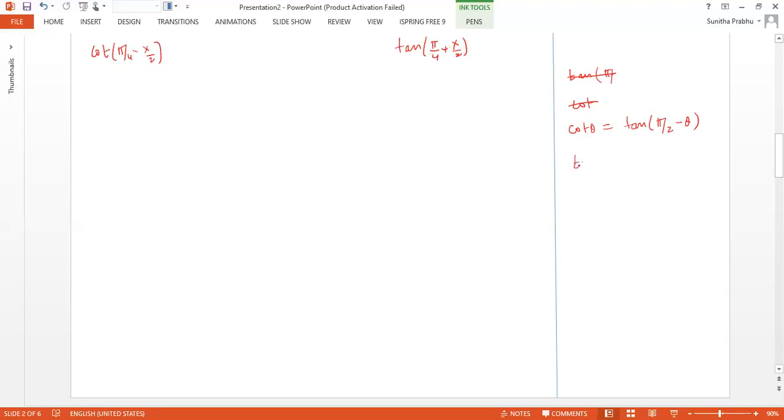So I can say this is nothing but tan of 90 minus whatever we have. Can we do this? Then if I do this, I will get this as tan of pi by 2 minus pi by 4, minus of minus is plus x by 2. See, slowly we are getting that plus out here. Pi by 2 minus pi by 4 is how much? Pi by 4. If you want, just between these two, 2 pi minus pi.